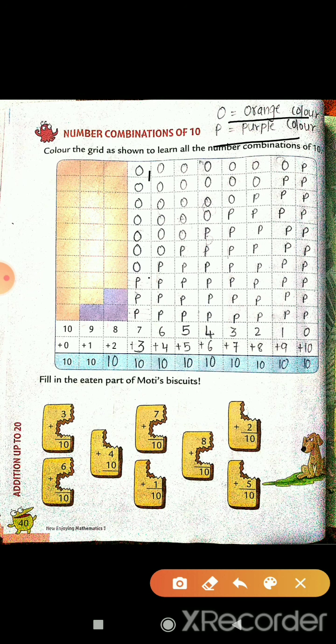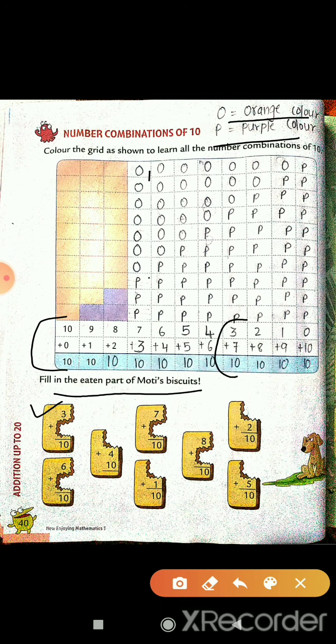Got it, students? So moving further, fill in the eaten part of Mote's biscuit. Now, using these combinations, you have to fill all these parts. So let us start. 3 plus dash is equals to 10.